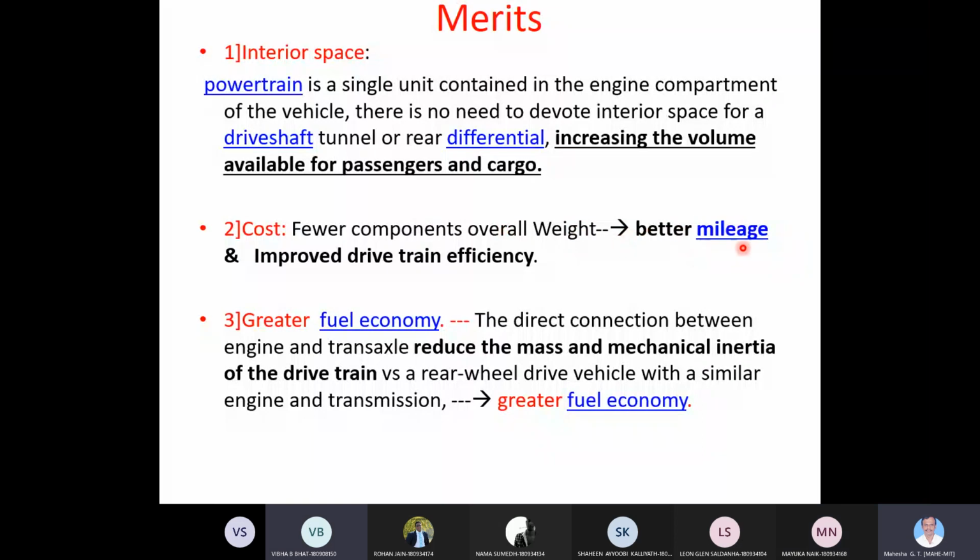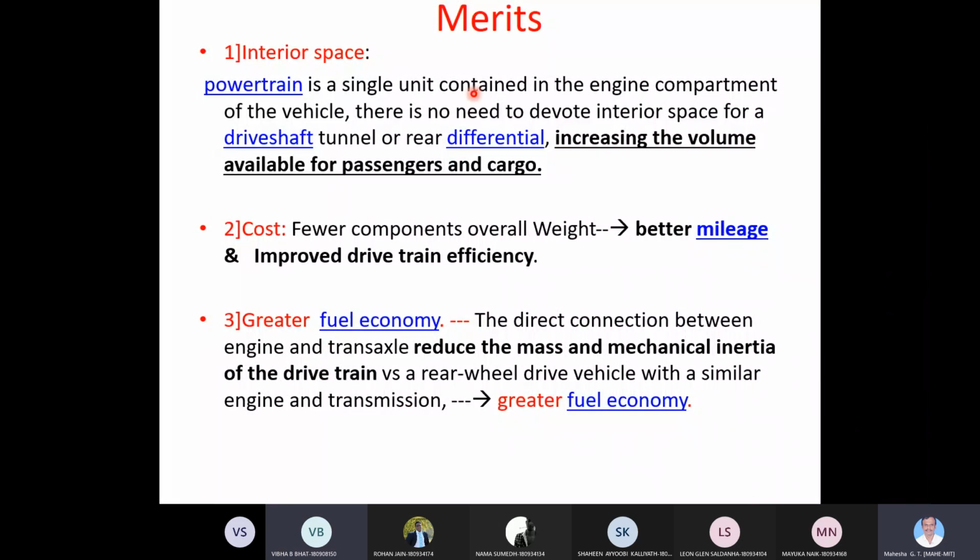Any weight reduction of the vehicle gives a saving in mileage and fuel. Drivetrain losses will be less, and hence mileage will be on the better side compared to a rear wheel drive vehicle. When you compare with a rear wheel drive vehicle, these are the advantages that are there.